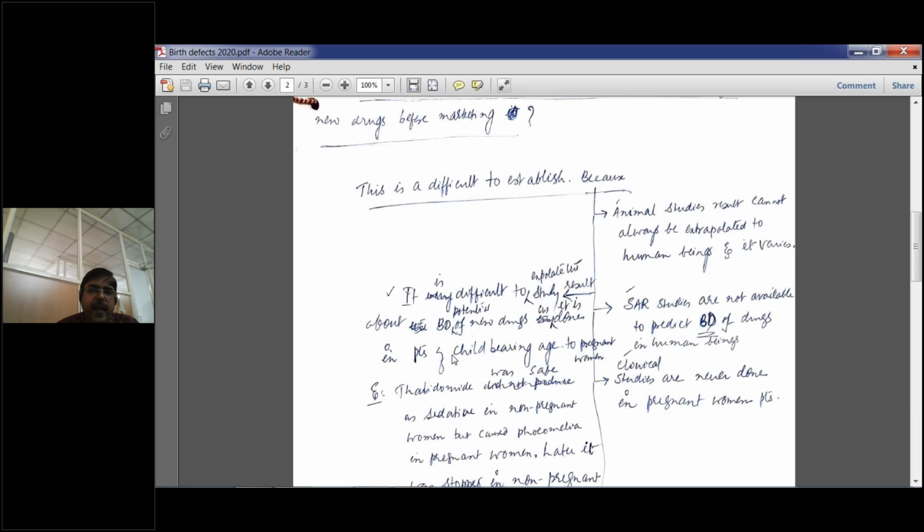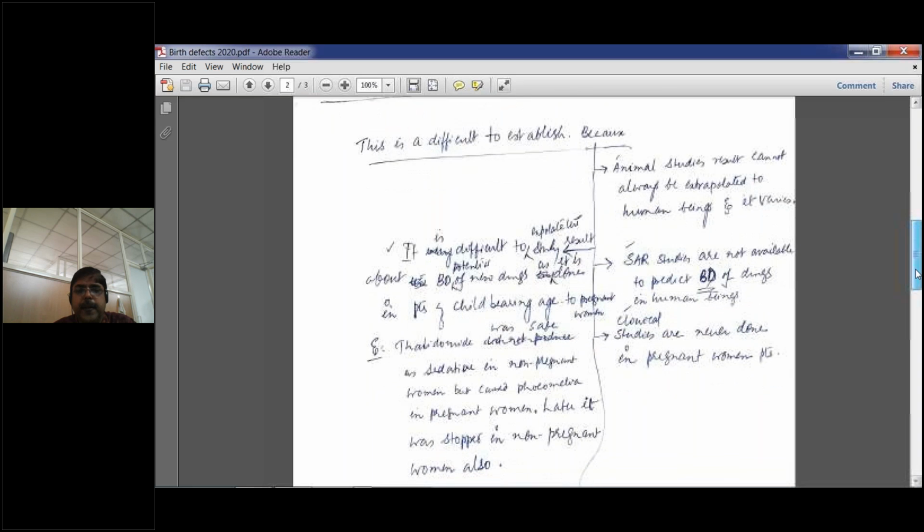That is why if you see thalidomide, it was safe in non-pregnant women as a sedative. Thalidomide is a sedative drug. It was safe in non-pregnant women but caused phocomelia in pregnant women, right? So you cannot extrapolate it to the pregnant woman.